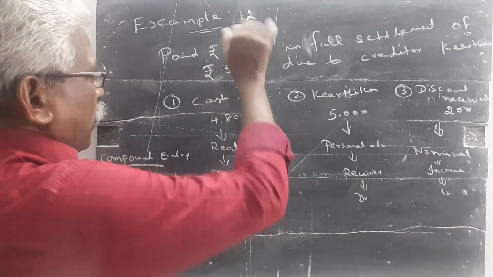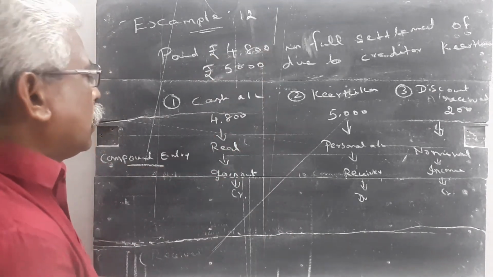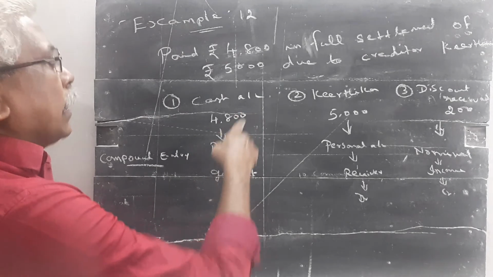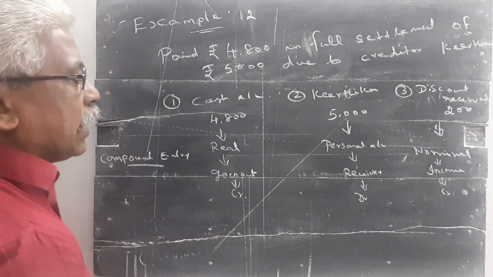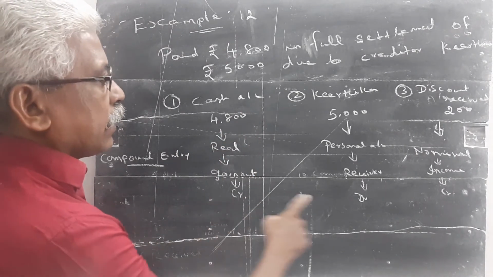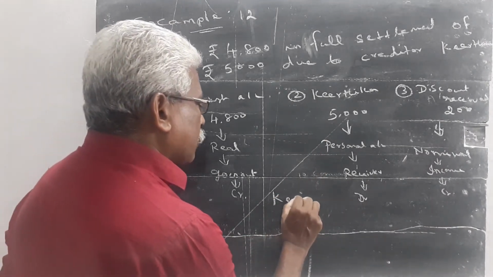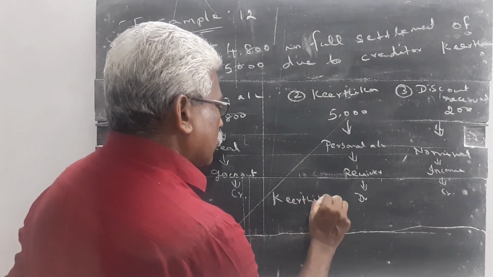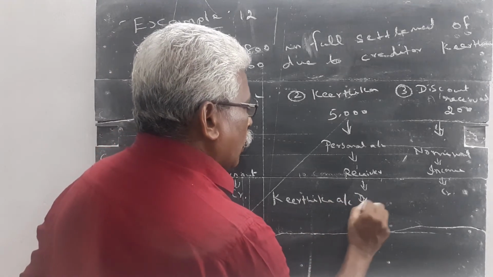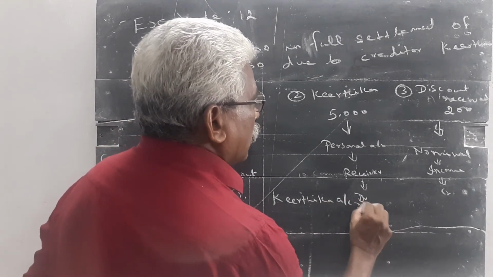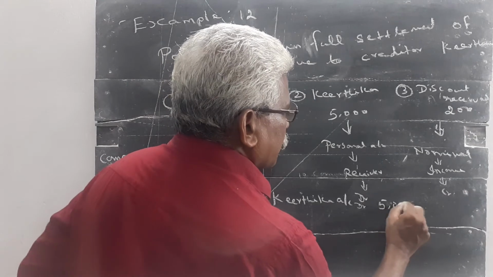I want to explain problem number 13 also now. First, I want to write the journal entry. How do you write the journal entry? Debit aspect is entered first. Kirtana account debtor, rupees 5,000.